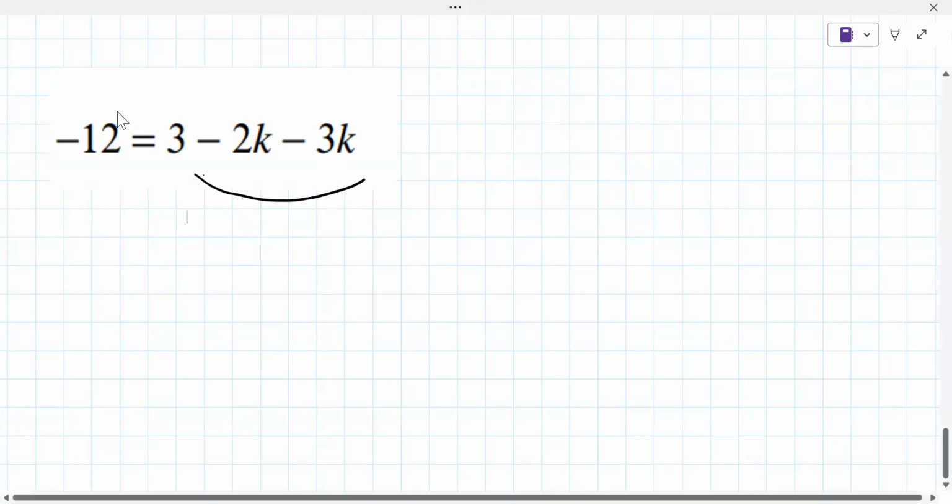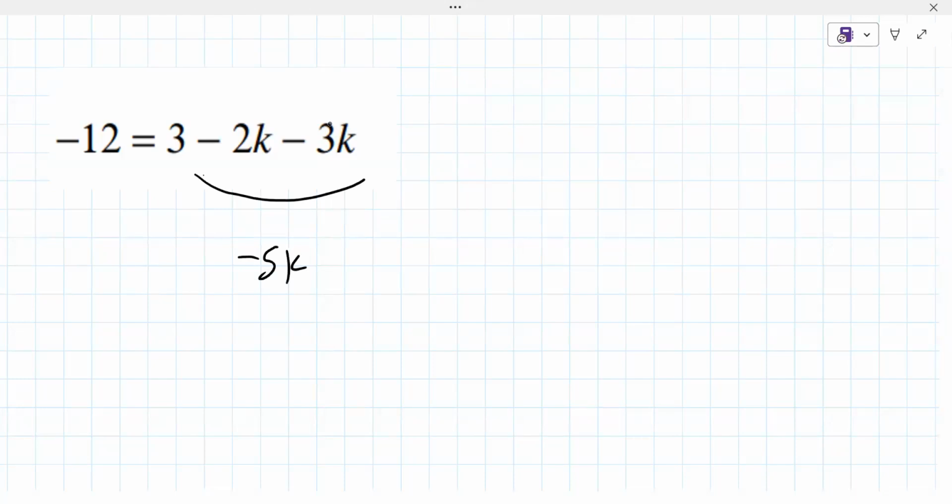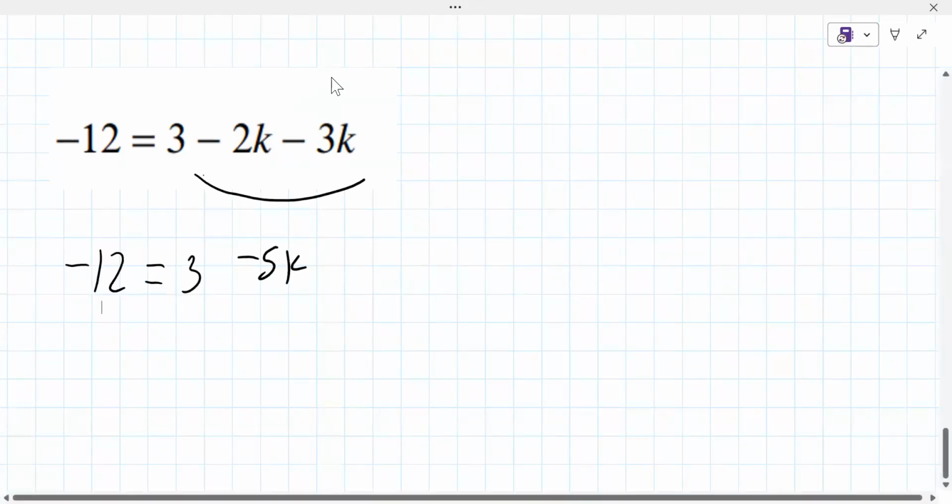So let's combine these two. It becomes minus 5k because they're both negative. And then you bring down everything else. Yes. And then you would undo first. The other ones were just 2 steps.